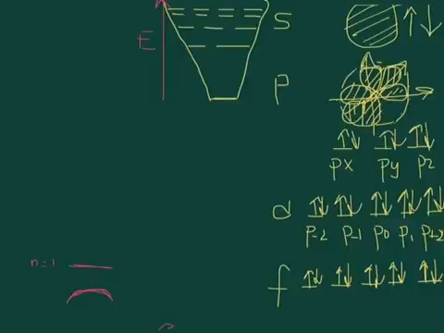The first energy level has only 1 sublevel, and we call this sublevel the s sublevel, or because it's in the first energy level, the 1s sublevel. The 1s sublevel has only 1 orbital inside it, the s orbital, and this s orbital can hold a maximum of 2 electrons.